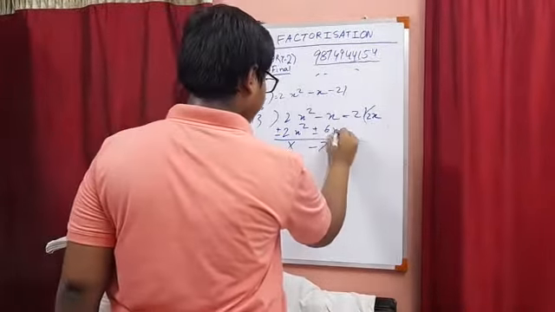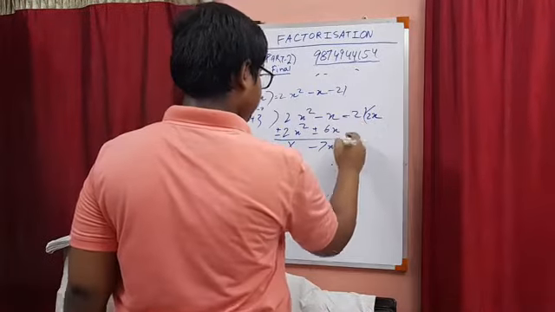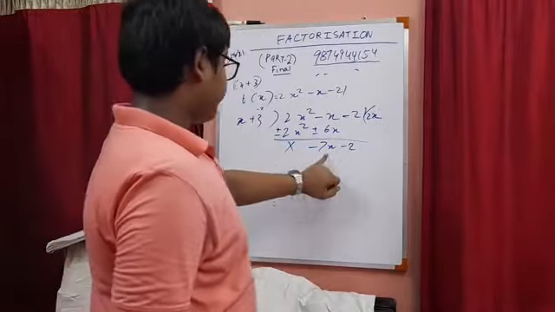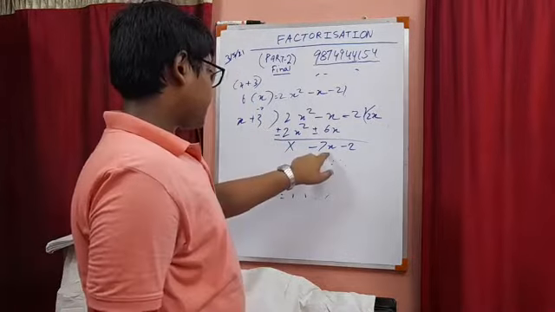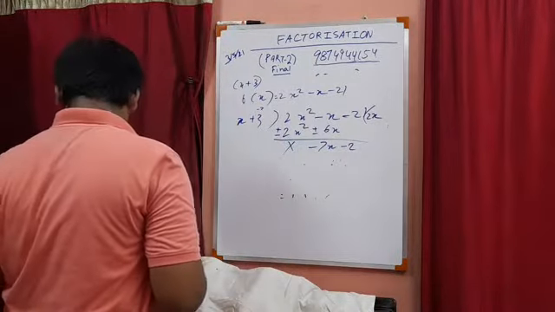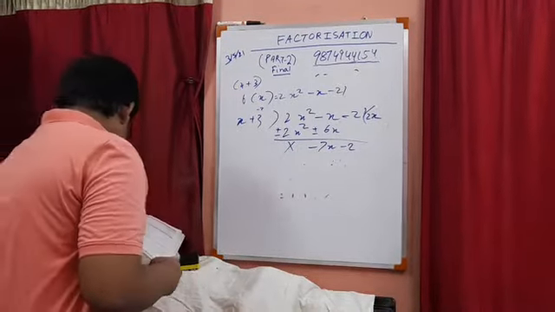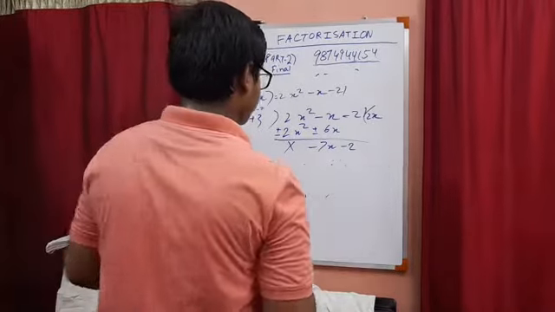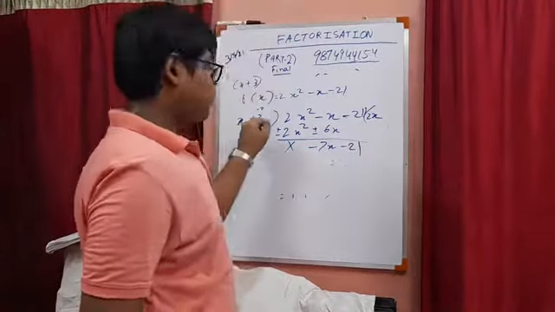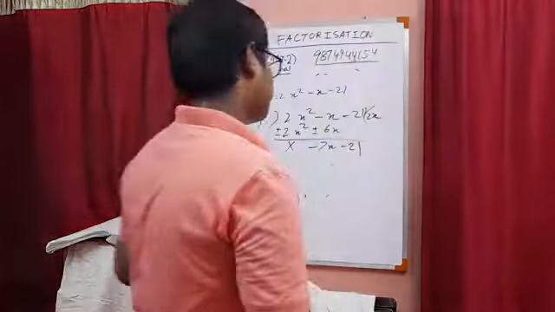Minus 7x minus 21 will come down. Now we need to make this x into minus 7x. For that we need to multiply x by minus 7.